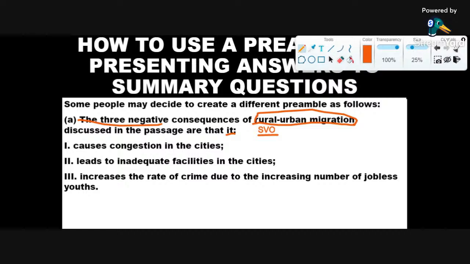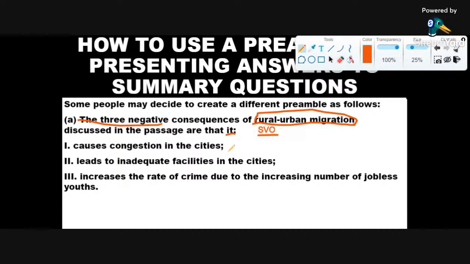All right? Now, for example, it is appropriate for each sentence: it causes congestion in the cities, it leads to inadequate facilities in the cities, it increases the rate of crime due to the increasing number of jobless youths.